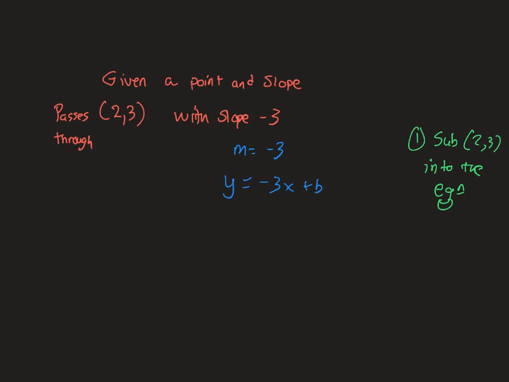Yes, I know my 2 is weird. So you sub it in. You're going to get 3 is equal to -3 times 2 plus b. That's going to give you 3 is equal to -6 plus b. So b is 9. So my equation here is -3x plus 9.